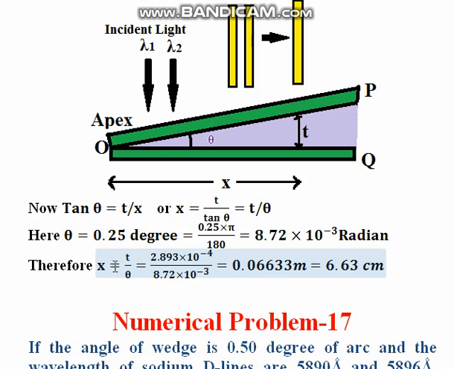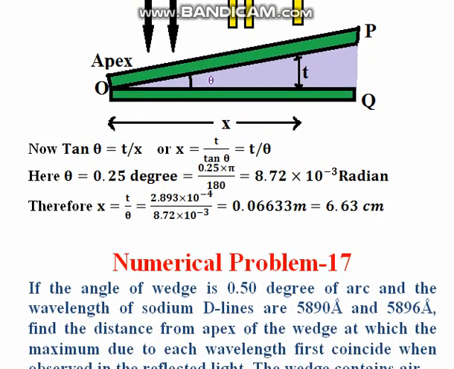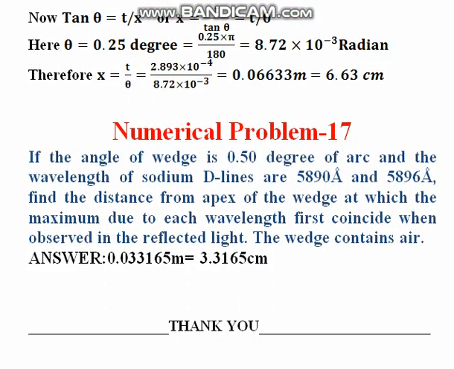The x is the distance of the overlapping fringe from the apex point. It comes to be 6.63 centimeter. So this is the problem. Now let's see the next problem. If you compare these two problems, you can find that both are similar, only the angle of wedge is different. So this is your assignment and you can solve it. Here I give you the answer. Okay, thank you.